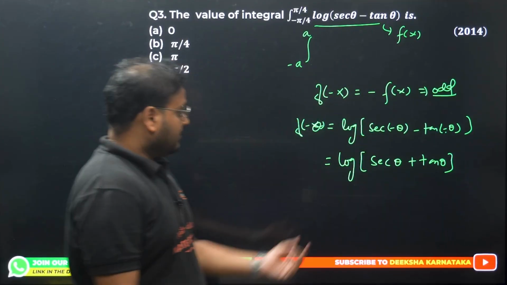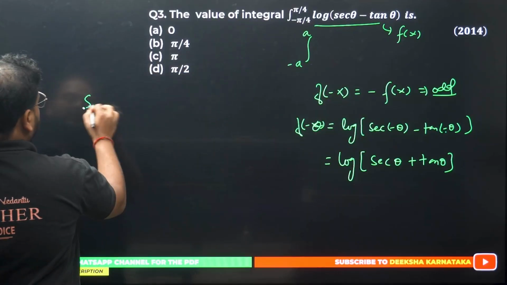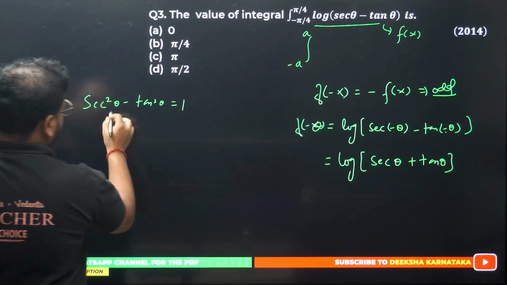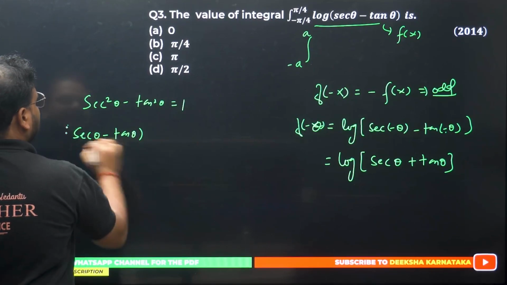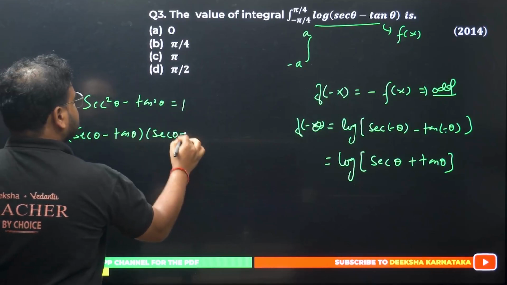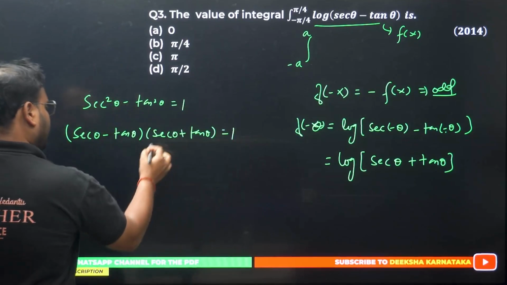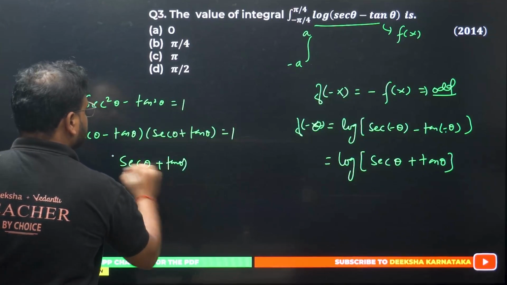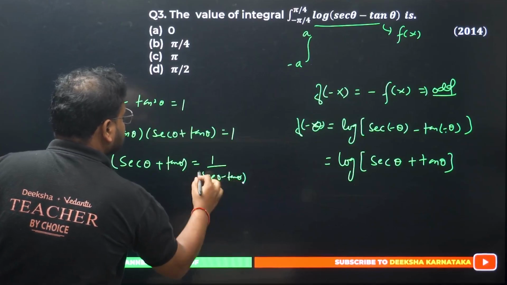This itself will not give you any idea, but you have a trigonometry identity: sec square theta minus tan square theta equals 1. Factorize it: sec theta minus tan theta times sec theta plus tan theta equals 1. From here I can get sec theta plus tan theta equals 1 upon sec theta minus tan theta.